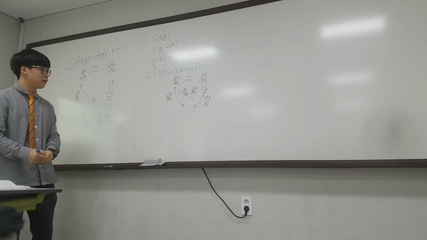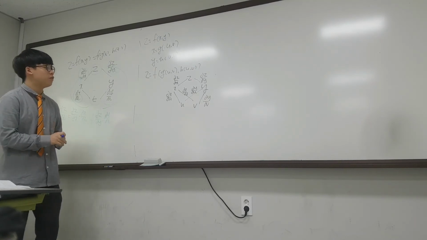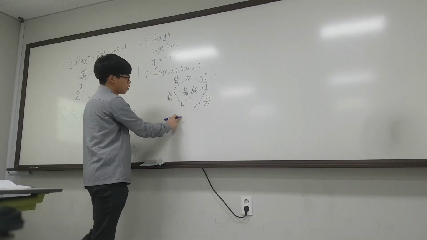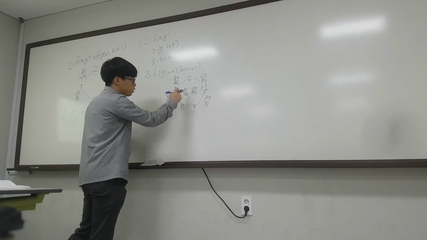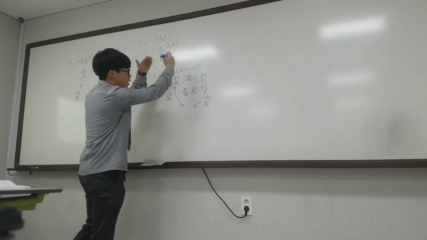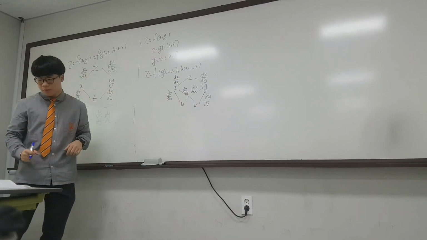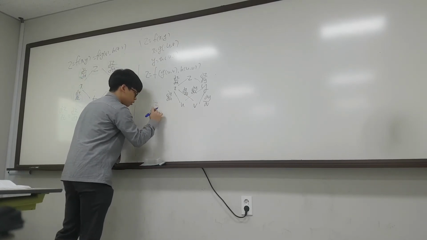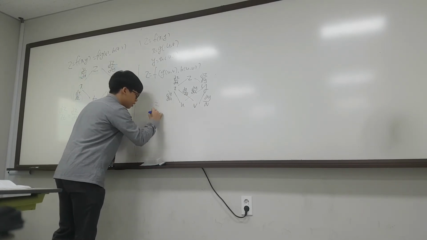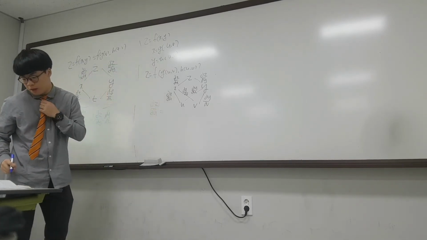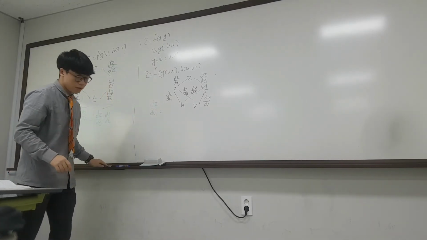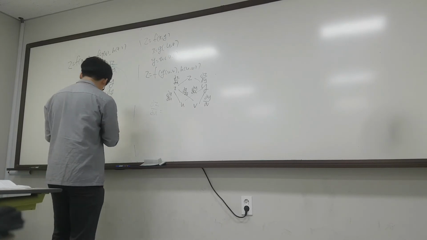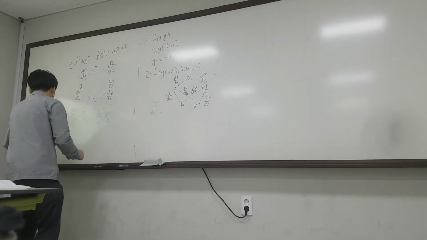We do the same thing. If we want to solve dz du, we can start from u and go to z by multiplying everything in its way. So delta z delta u will be multiplying everything here.